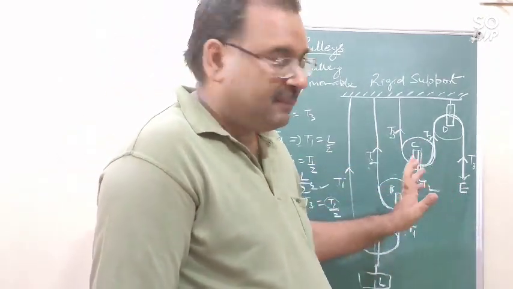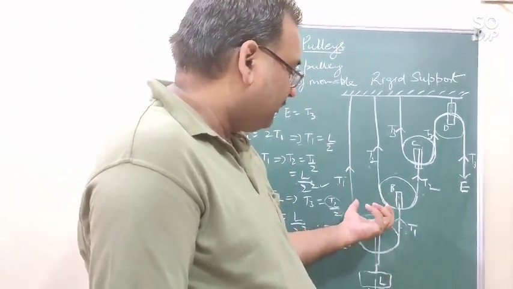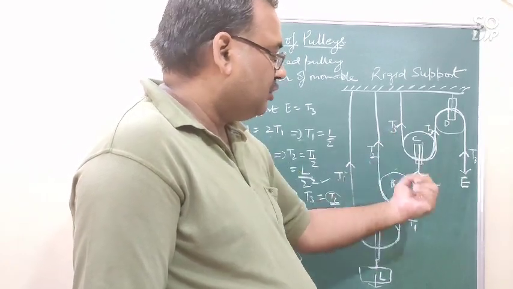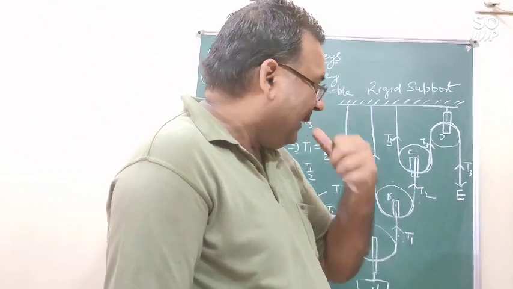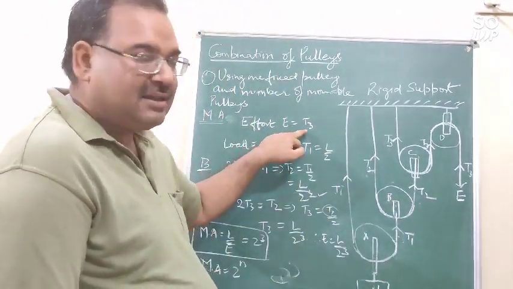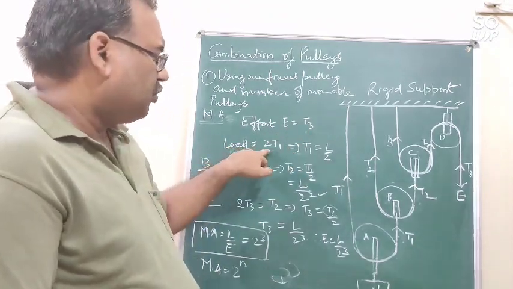You should remember this. Whatever load is hanging here, L is equal to twice T1, then twice T2 is equal to T1, then twice T3 is equal to T2, and effort is equal to T3. So we are writing here mechanical advantage; effort is equal to T3.